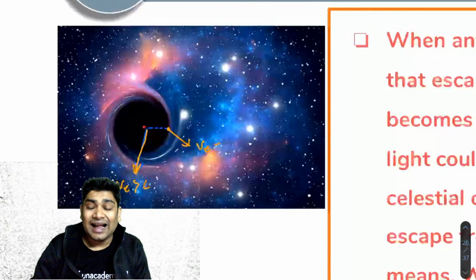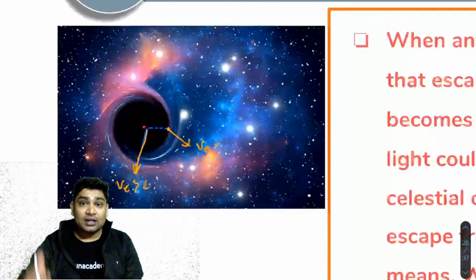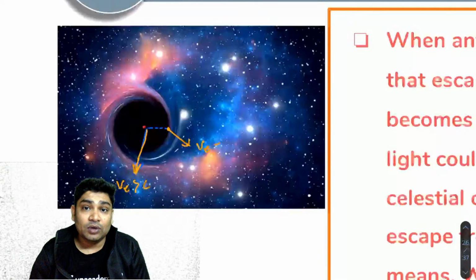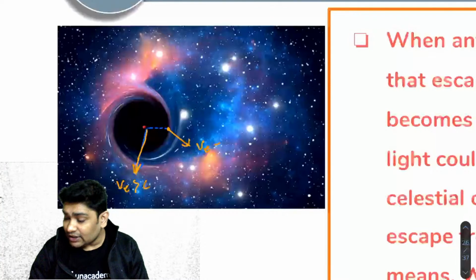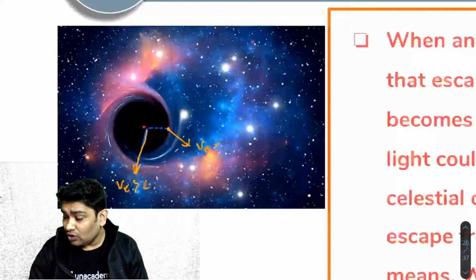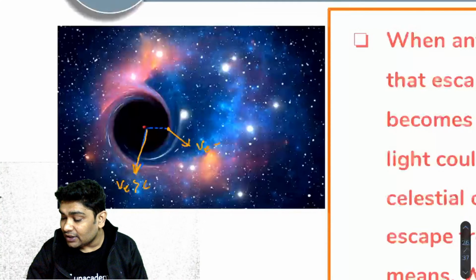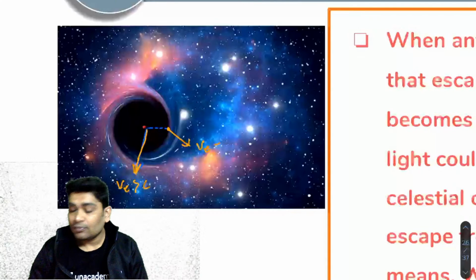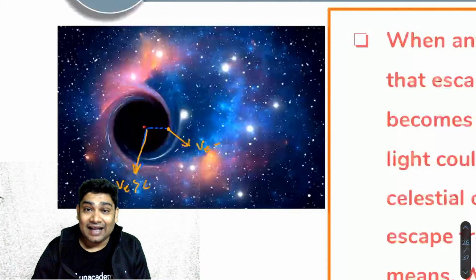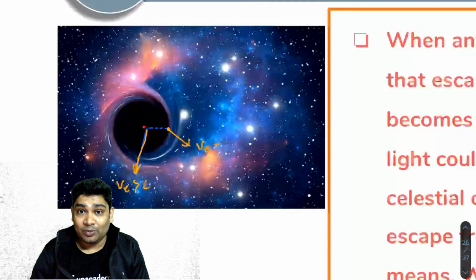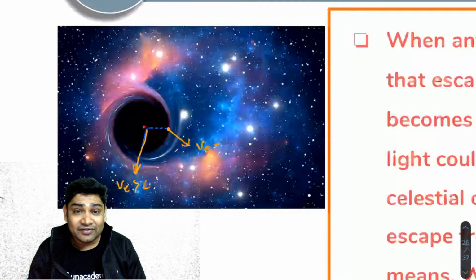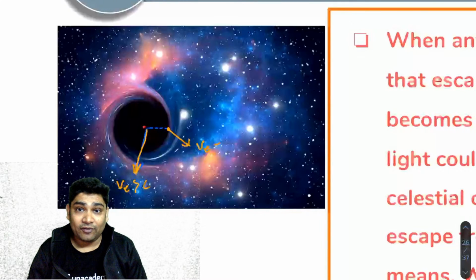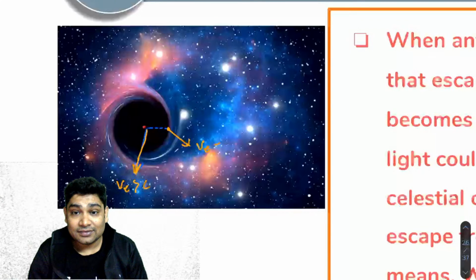Correct? So what you will realize is that for this entire region, the escape velocity would be greater than c. So that is something very interesting, for all the black region.